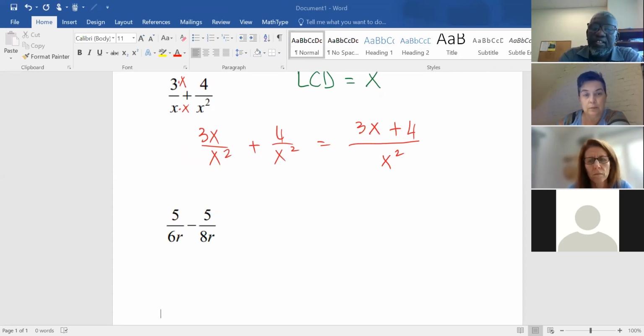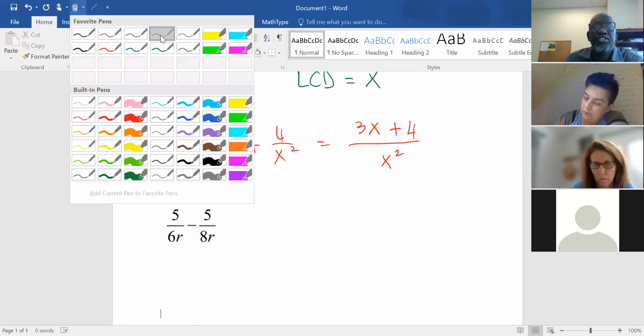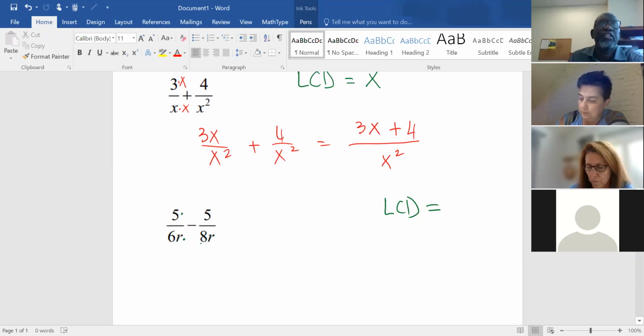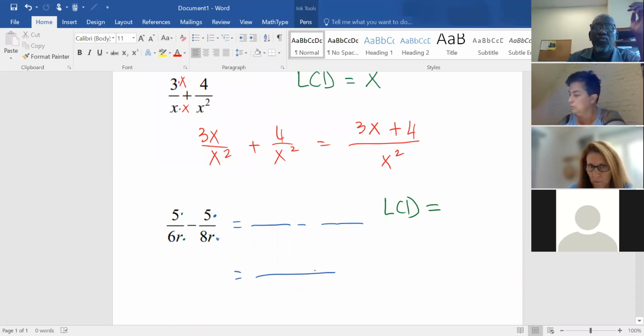Find the LCD, and do what is necessary. Multiply this one, multiply here, multiply here, and get this minus this, and then get this.